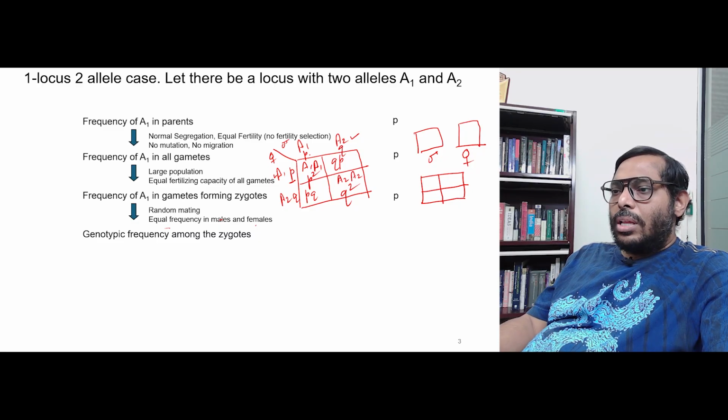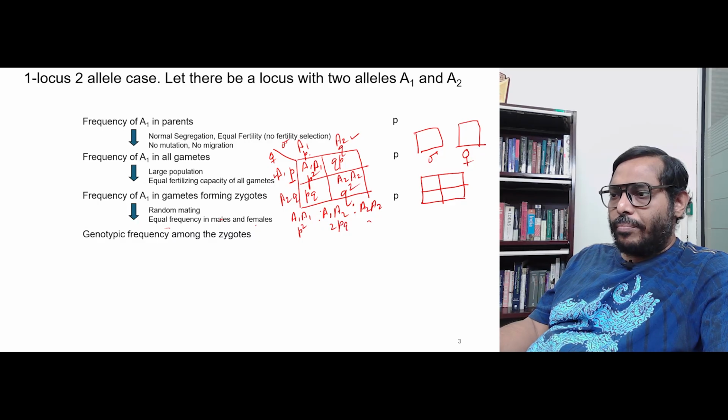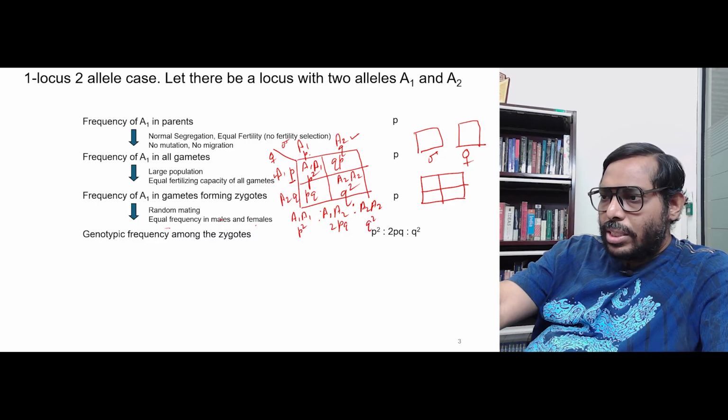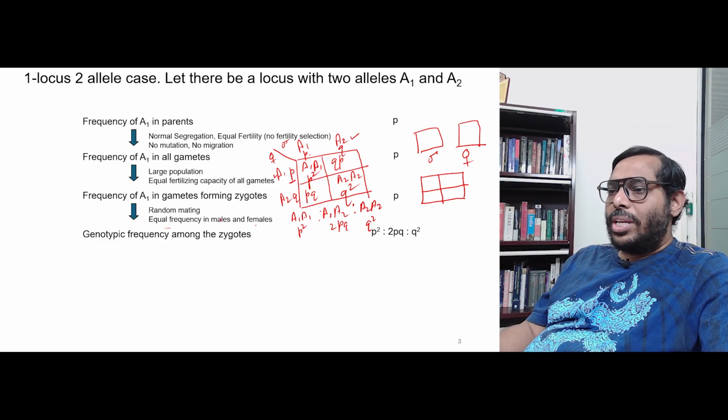In other words, the three genotypes that you are going to get, A1 A1 is to A1 A2 is to A2 A2, will be in the ratios p square to 2pq to q square. That is exactly what I am telling you, that the genotypic frequency among the progenies will have to be this.